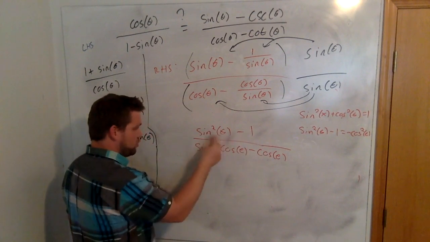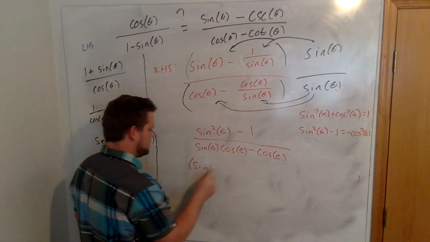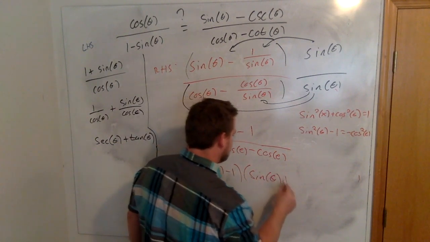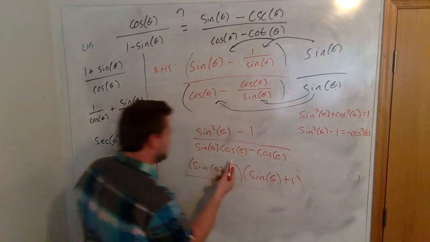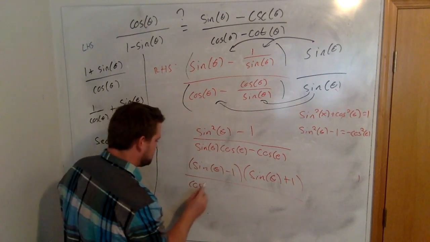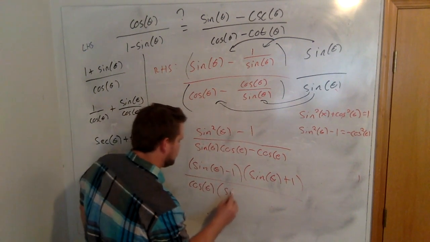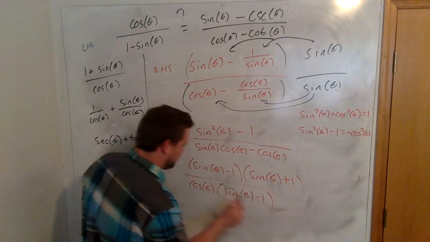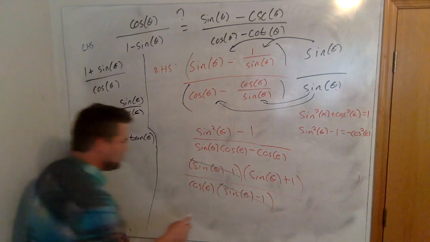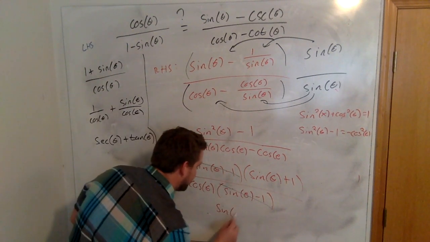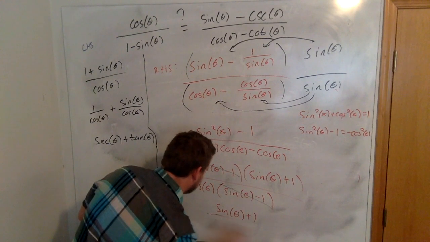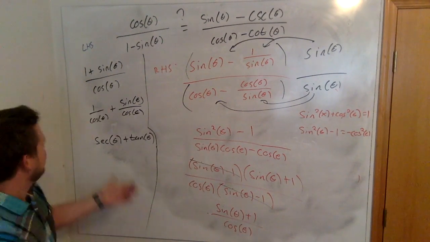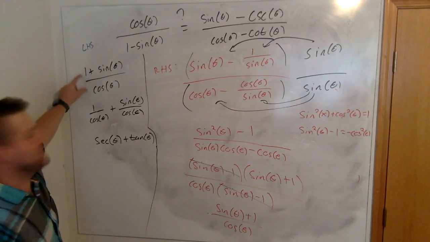Maybe you saw that the numerator was the same thing as a sine of theta minus 1 times a sine of theta plus 1, and in the bottom, you can factor out a cosine of theta, and we'd be left with a sine of theta minus 1. And you say, oh, look, these cancel. So you would be left with a sine of theta plus 1 all over cosine of theta, which we already showed the left-hand side was equivalent to.